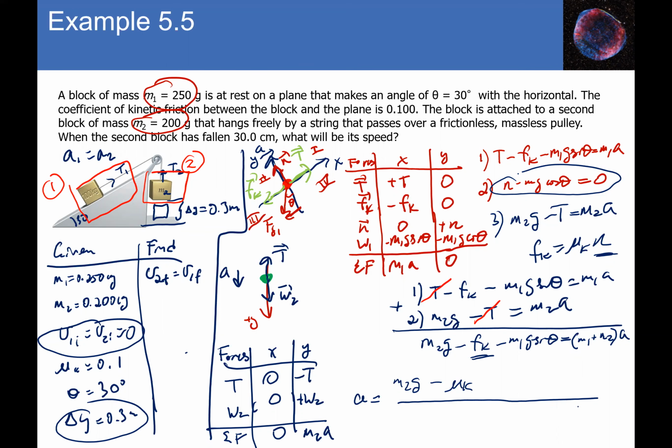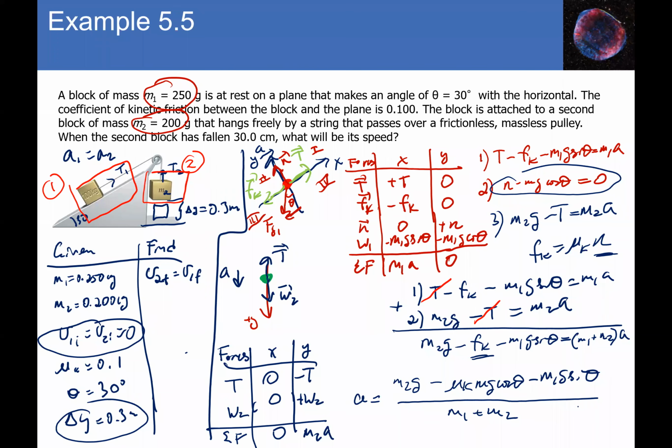That means N equals mg cosine theta. So it becomes m2g minus mu_k times m1g cosine theta for normal force, then minus m1g sine of theta, that's for the gravity component parallel to the surface. Then this is divided by m1 plus m2, which is mass 1 plus mass 2.